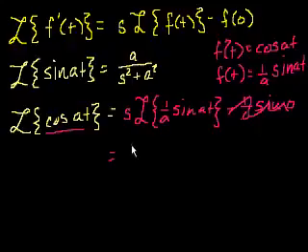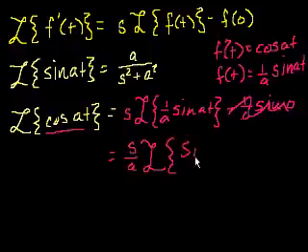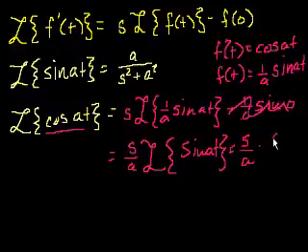So this is equal to s over a times the Laplace transform of sine of at, and that is equal to s over a times a over s squared plus a squared, and the a's cancel out. That was much simpler than the integration by parts we had to do to figure this out.